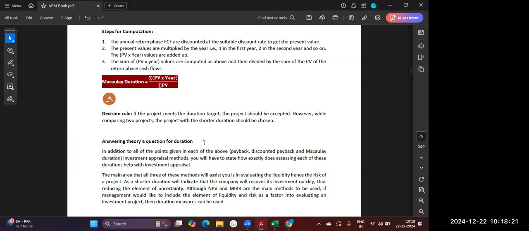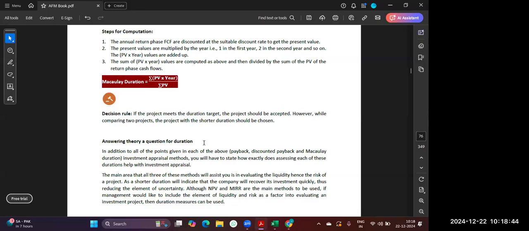Now, what are the steps to compute Macaulay duration? First of all, you will discount all the present values of only the returns phase. Then you will multiply the present value by the year.